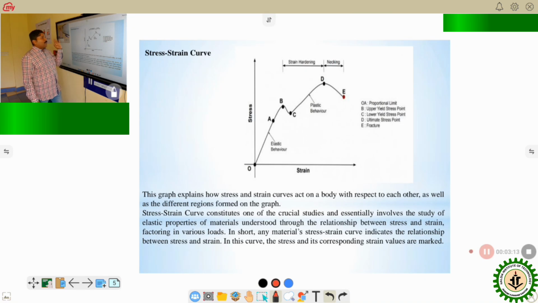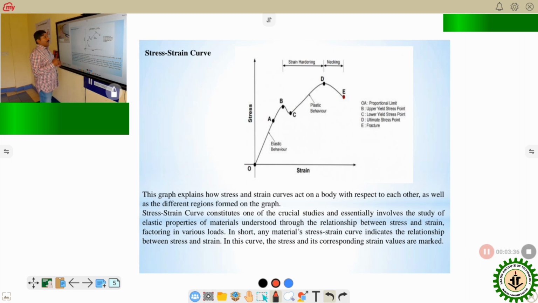Now, first I have presented here the stress strain diagram. What stress is and what strain is, we have already discussed. The tensile test and stress strain diagram are very important for finding the mechanical properties of any object, material, or given sample.